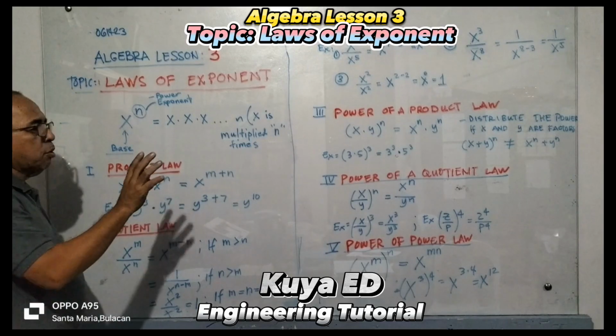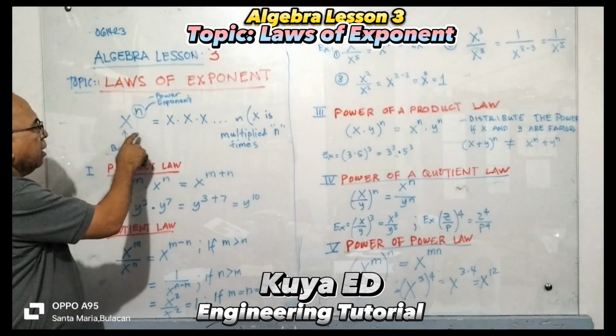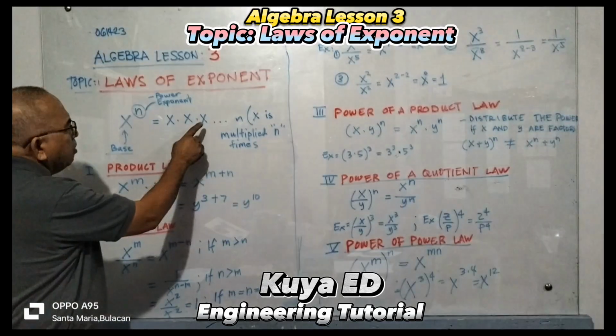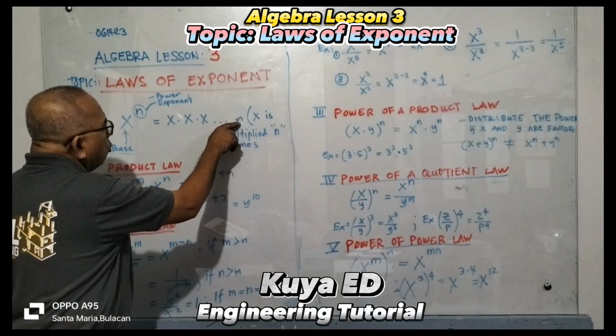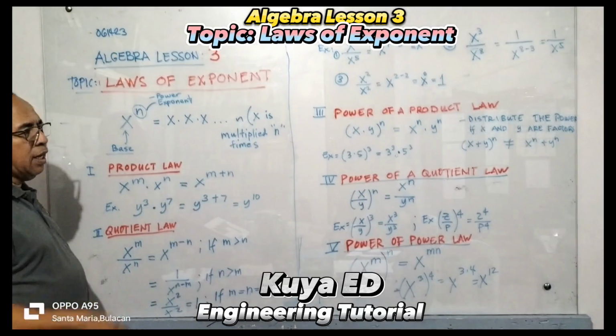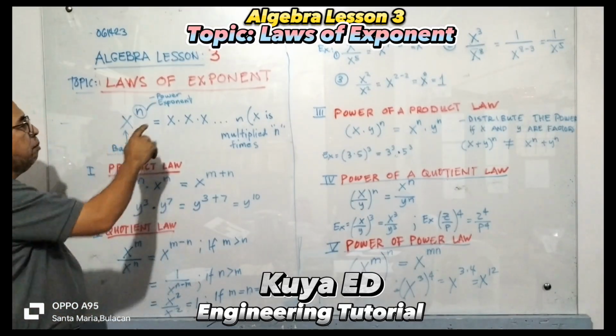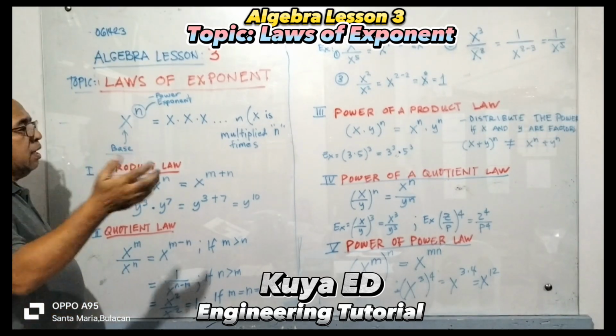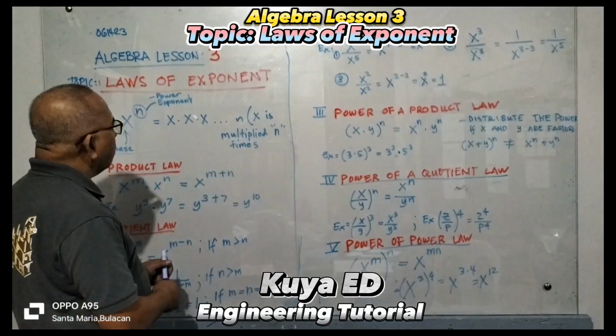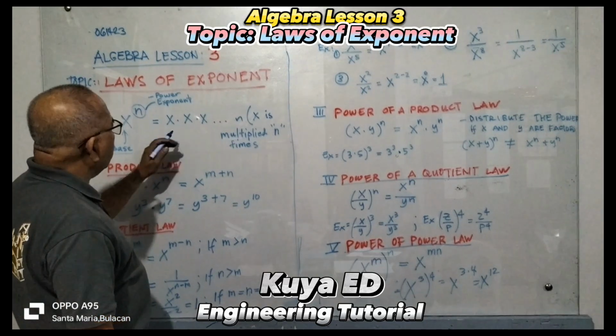So, ang factor natin dito ay ang base. X times x times x, so on and so forth, up to kung ilan yung n dito. Kung ang n ay 5, 5 beses natin i-multiply. Kung ang n ay 10, 10 beses natin i-multiply. So, yun po ang ibig sabihin.